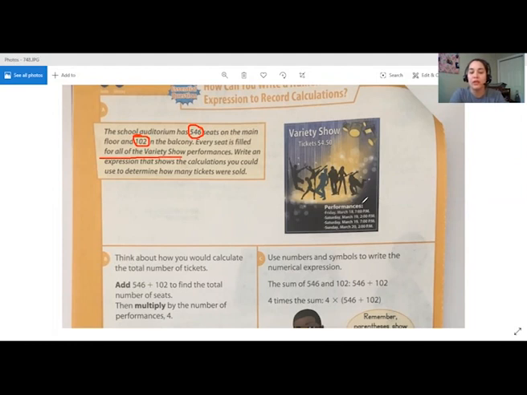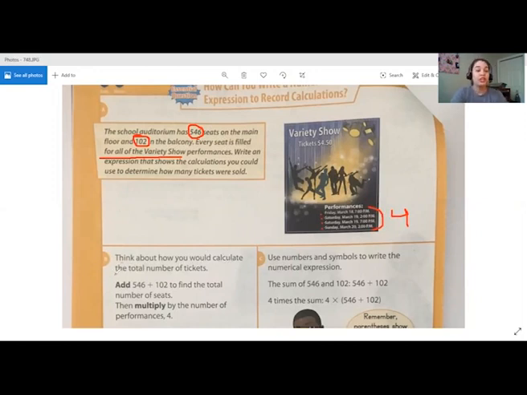And if we look over here at our poster, we see there are 1, 2, 3, 4 shows, and all seats are filled. So let's look down at set B. Think about how you would calculate the total number of tickets.